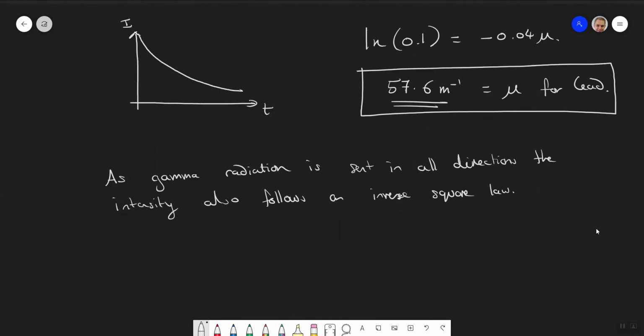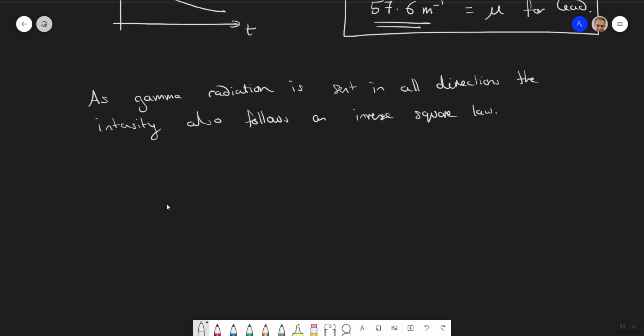If you're dealing with just a gamma source, it's giving off energy in all directions, across three-dimensional space, so a sphere. That means that at a distance r away from the source, the intensity is going to equal the power of the source over 4 pi r squared.